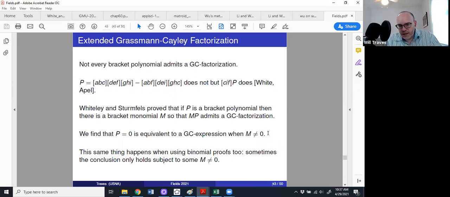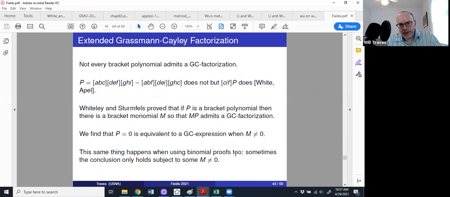So it says that if you're trying to interpret this bracket polynomial, at least up to some non-degeneracies, you can write it down as a Grassmann-Cayley expression. Now to actually do that algorithmically and kind of produce it isn't so easy. It's very hard, actually. Maybe the better way to say it.